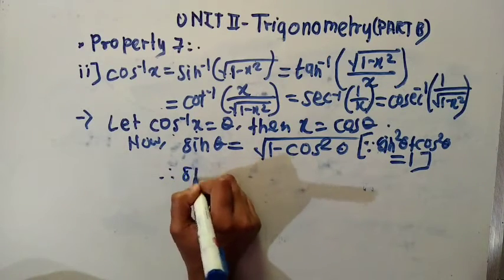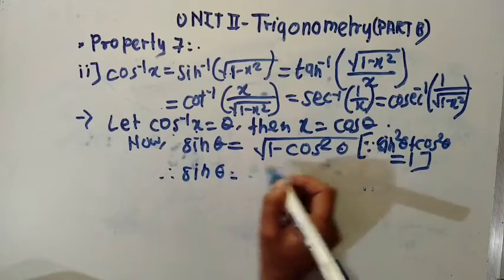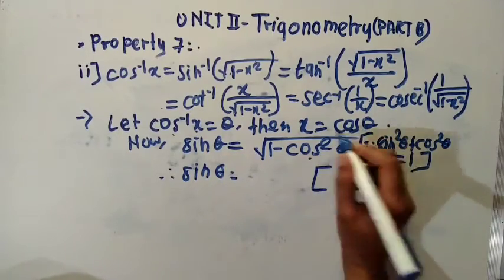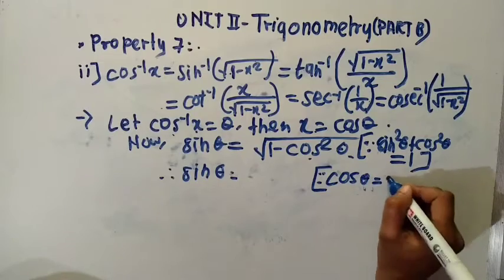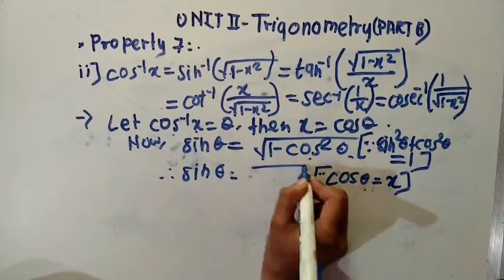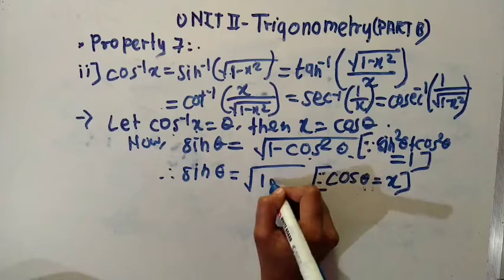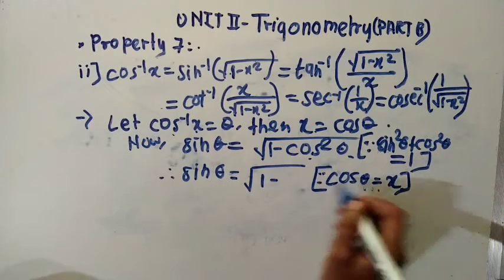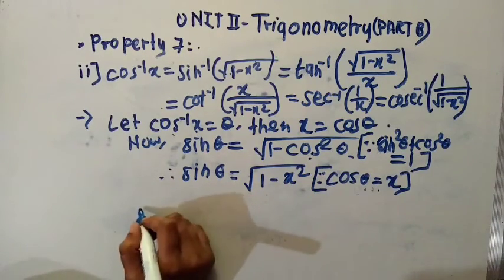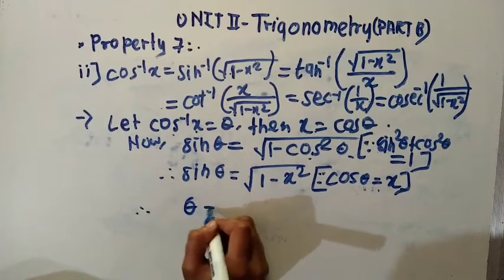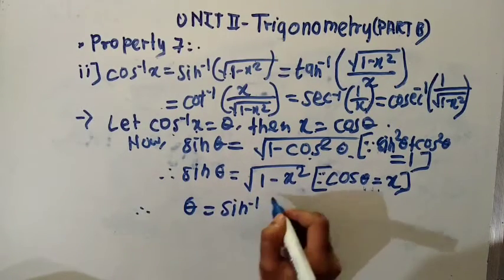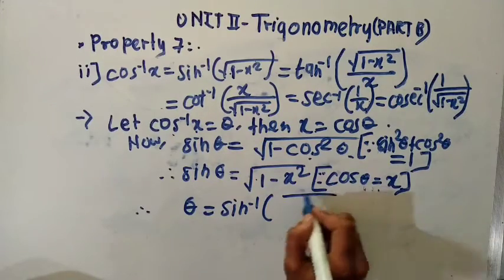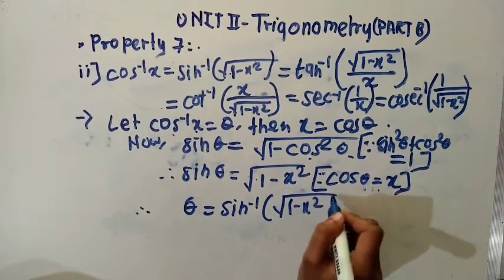Since cos theta is equal to x, hence 1 minus cos square theta means 1 minus x square. Hence theta is equal to sin inverse of root 1 minus x square.